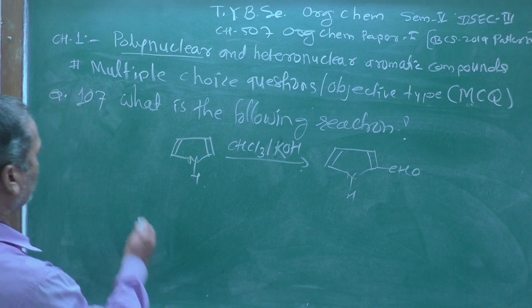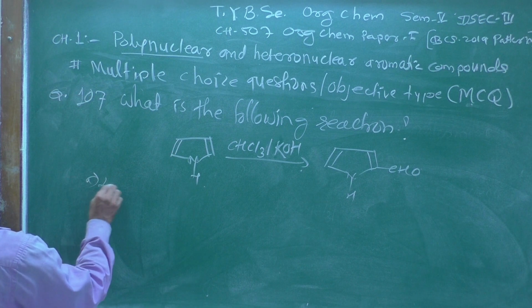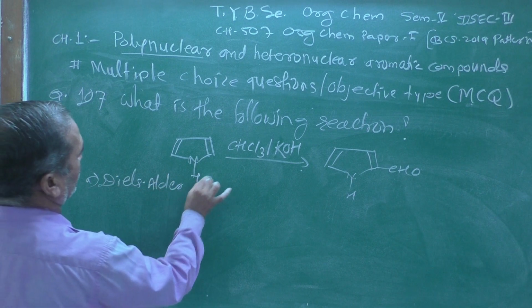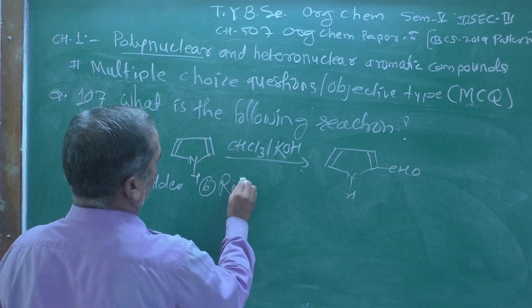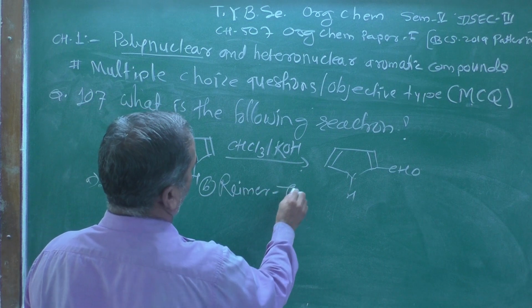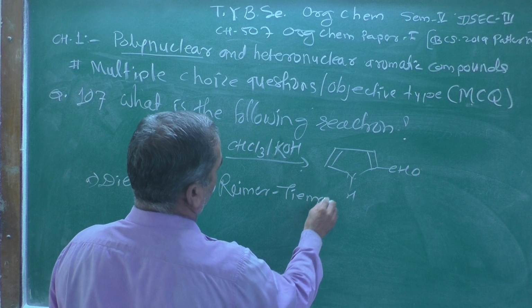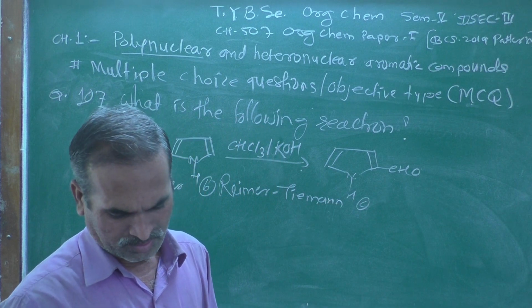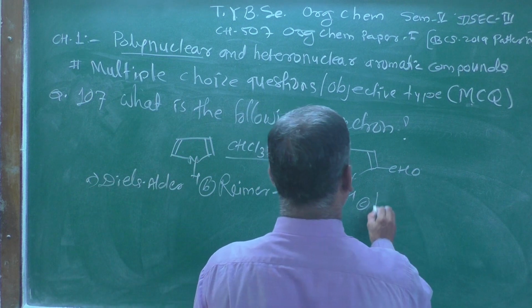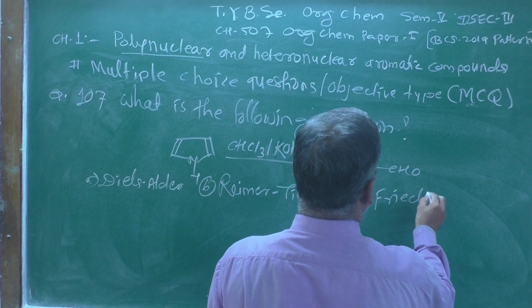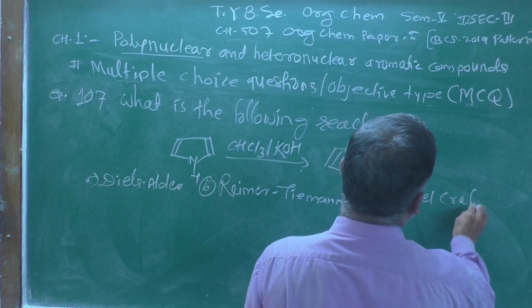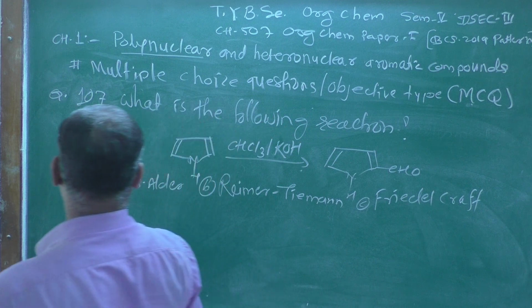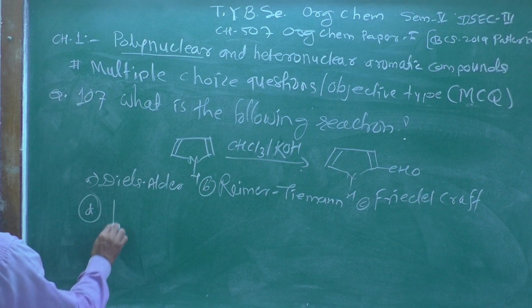A is Diels-Alder, B Riemer-Tiemann, C Friedel-Crafts, and D would be Paul-Knorr.